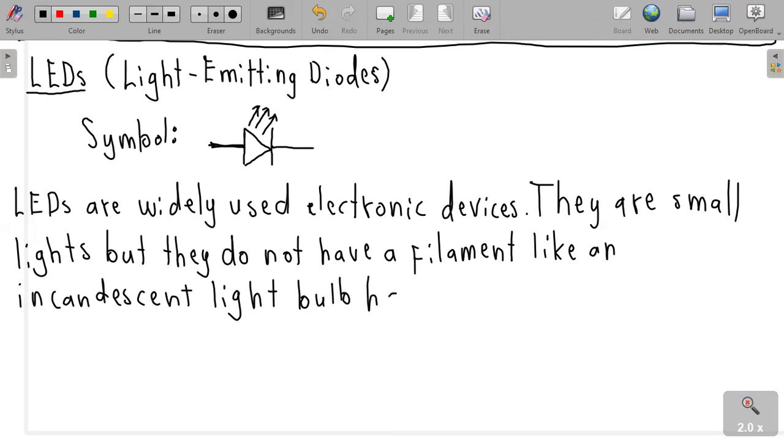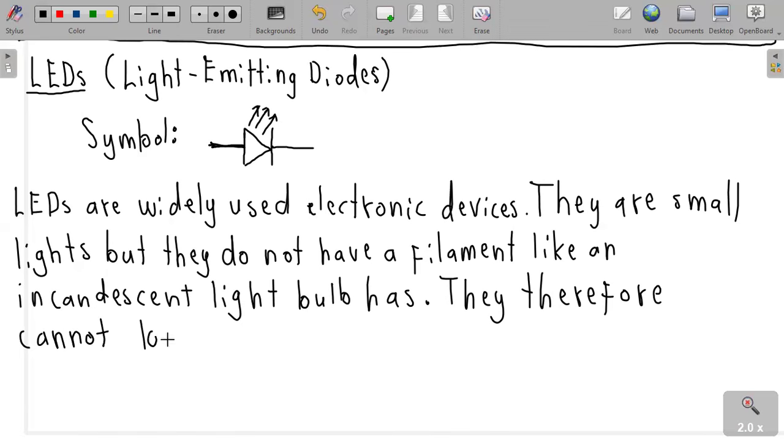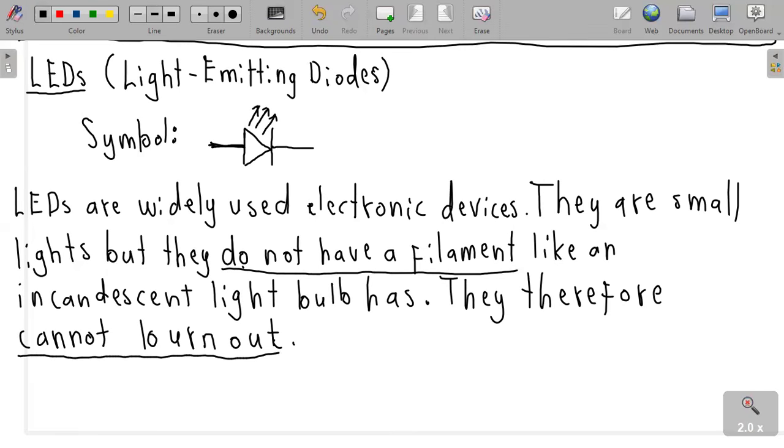They therefore cannot burn out. That is the advantage that LEDs have over other forms of light bulbs, because they do not have a filament.